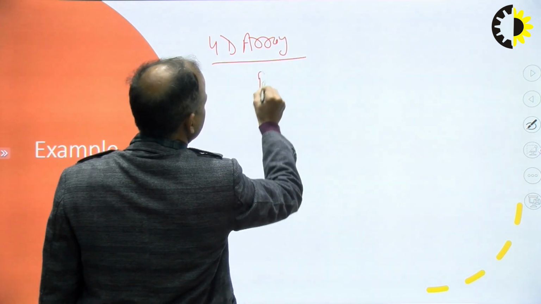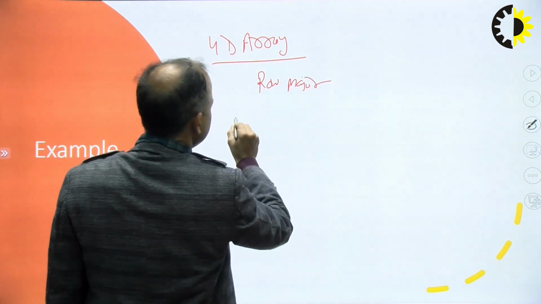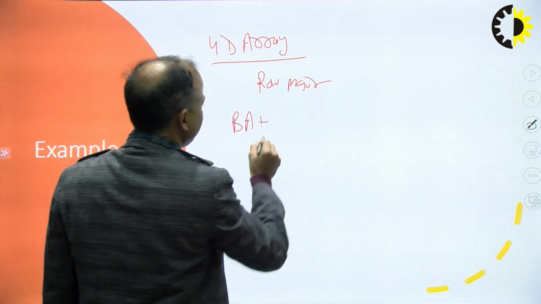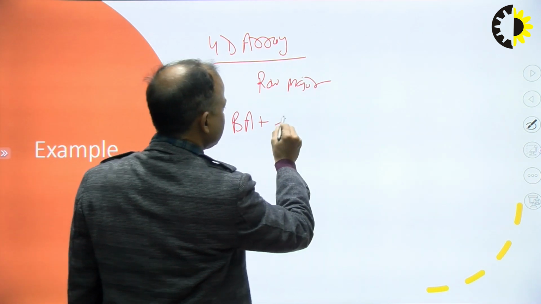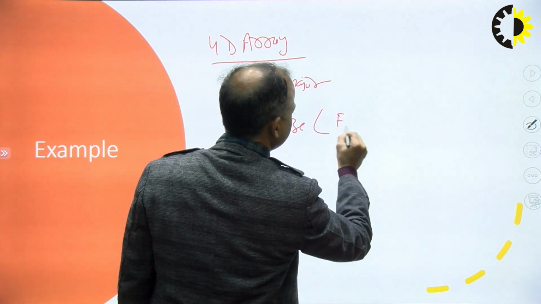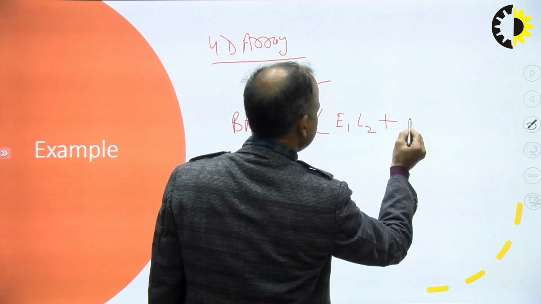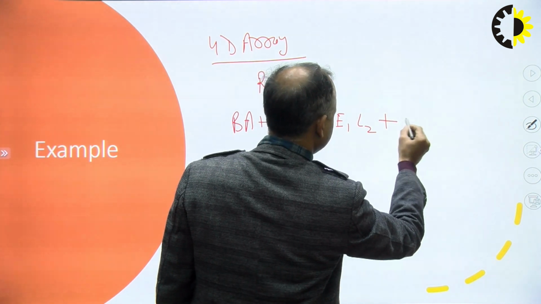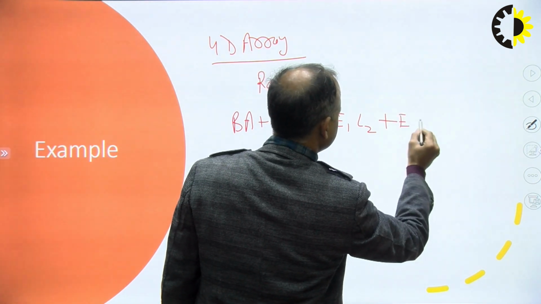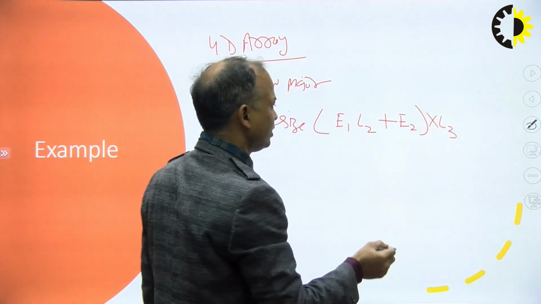Say I am going to write the formula for the 4D array. First of all, the row measure. Base address plus size, E1 L2 plus E2, this is multiplied by L3.